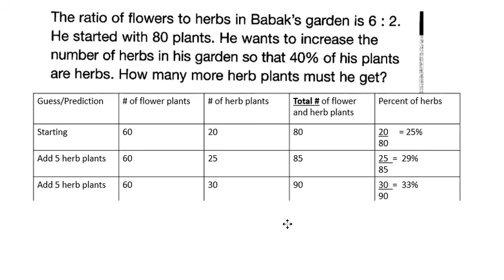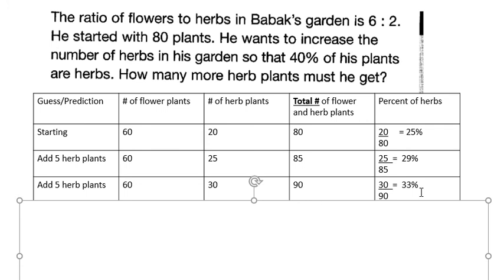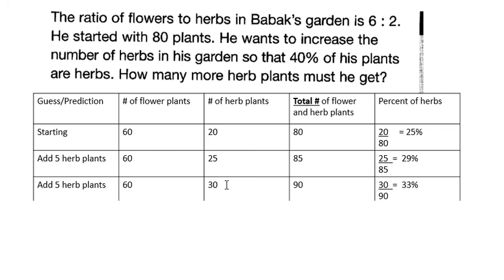So let's add 5 more plants. So in this row, I've added 5 more herb plants. Once again, I did not add any more flower plants. We're still at 60 flower plants. I added 5 more herb plants. So 25 plus 5 is now 30 herb plants. And my total number of plants, flower and herb, are now 90.